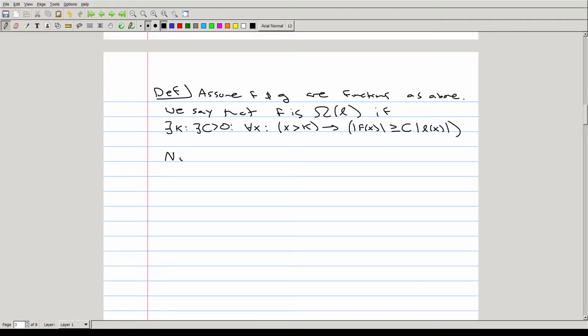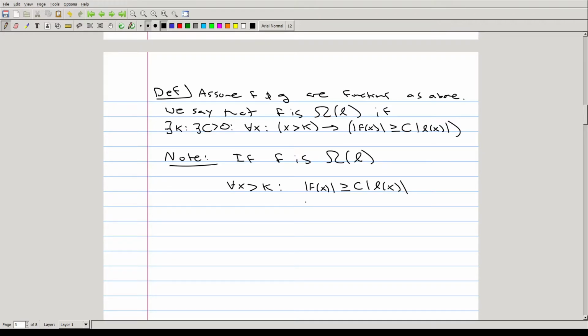For instance, I want to make a specific note here. If f is big omega of L, then we have that there exists a k and there exists a c, such that for all x greater than k, we have that the absolute value of f of x is greater than or equal to c times the absolute value of L of x.